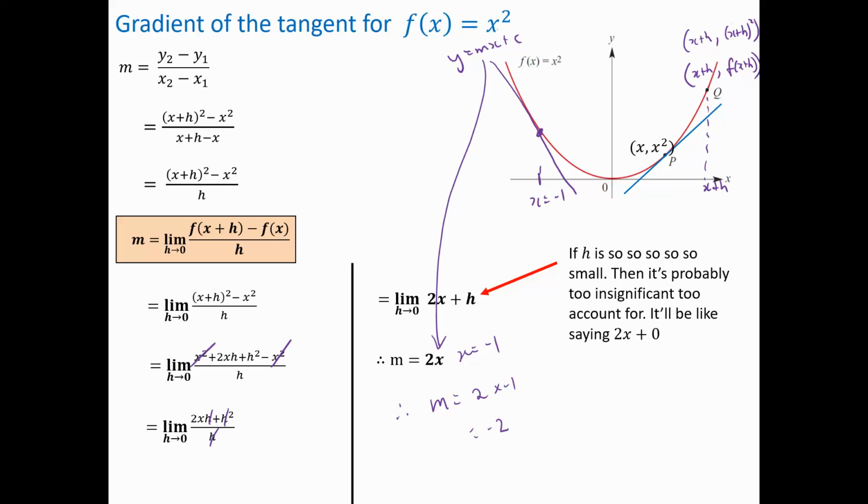So at x equals -1, I know the gradient at this one point. Remember, all you're doing with the derivative is it allows you to find the gradient at one point. I now know this gradient is -2. So I know this equation of the straight line is y equals -2x plus c. I don't know what the y-intercept is yet, but I know the gradient's -2. That's all you're doing. Yes? Cool? Alright. I'm going to guide you to the next one.